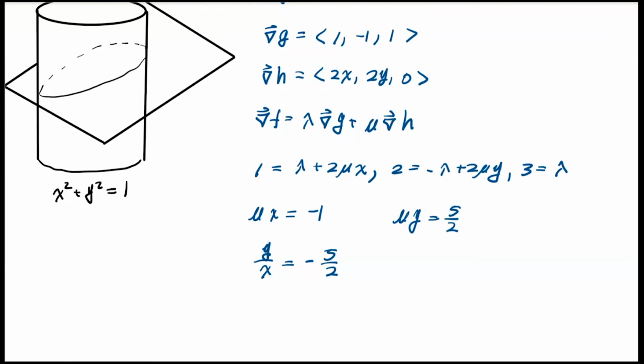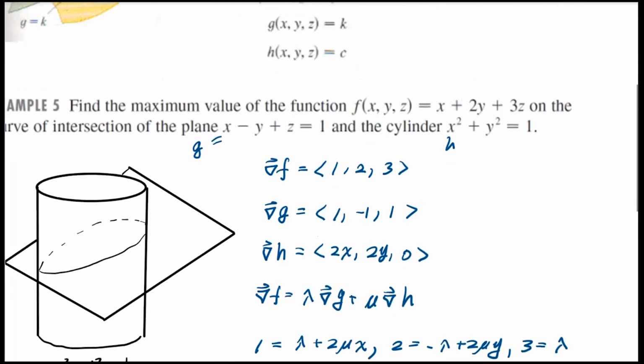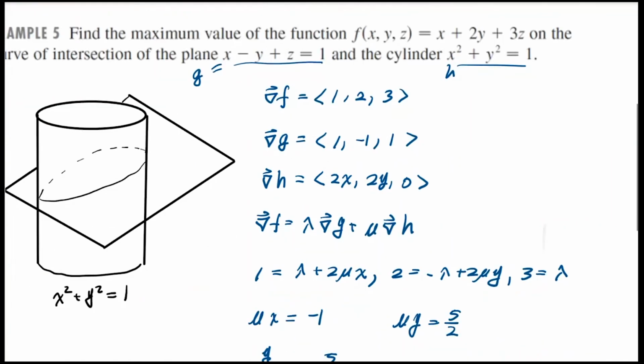Say yes. Now what do we do? Looks like we need another equation. Suggestion. Well, we have the option of this or this, right? But I do not want to use this one because it still introduces z, which is another headache. So I'm going to go with h, use this constraint h. Okay? So x squared plus y squared is equal to 1.